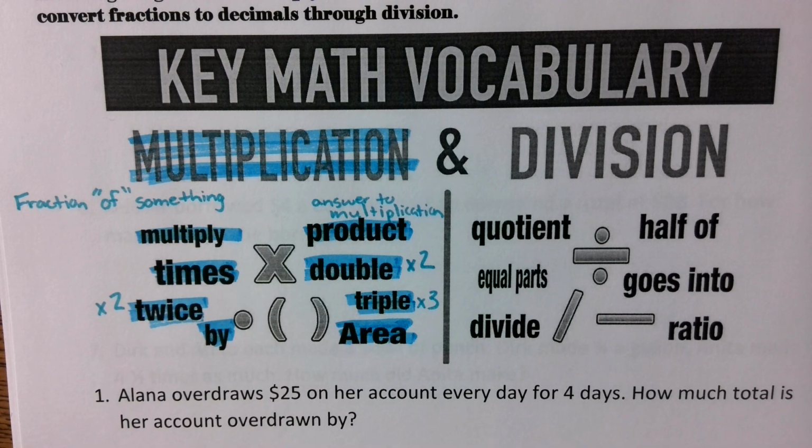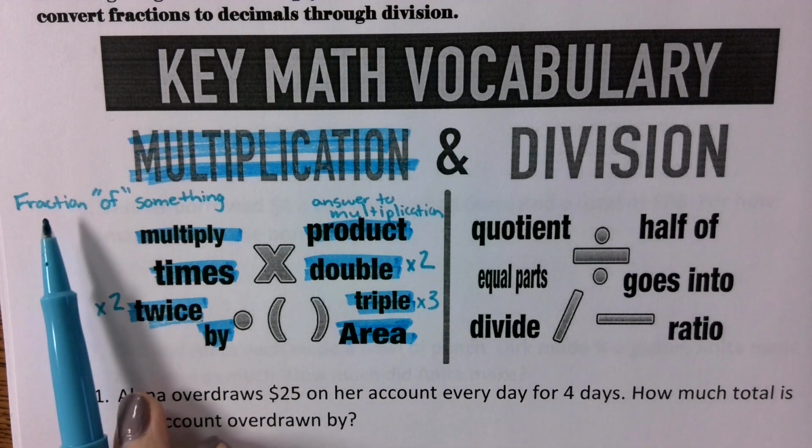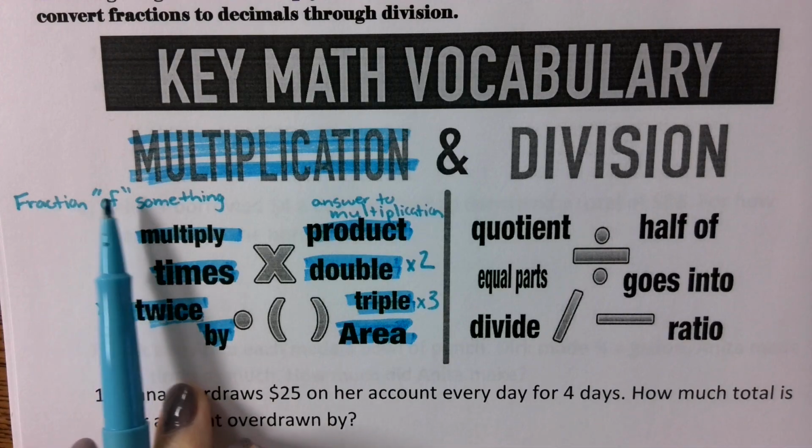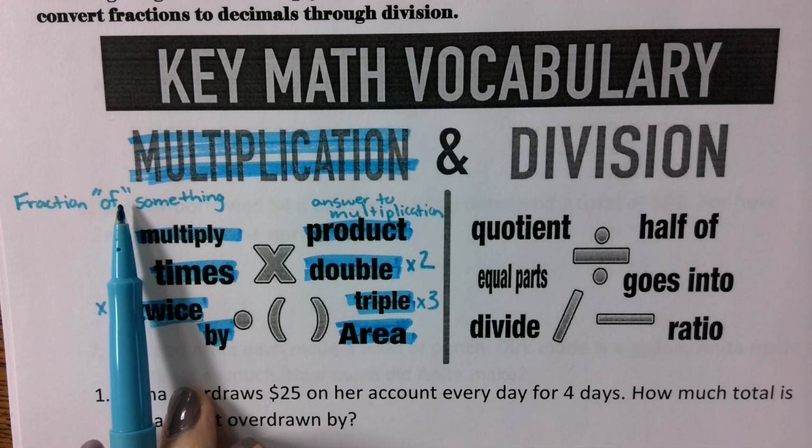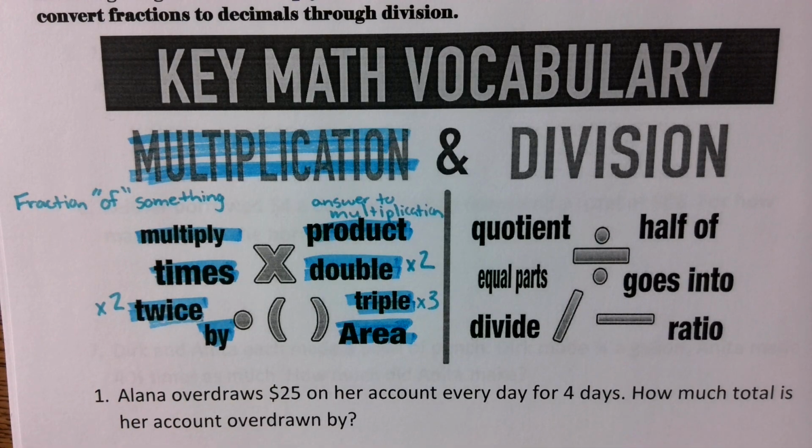Okay, so if there's like 24 people in this class, multiplying that by 2/3, then we're talking about 16 people being done. Okay, so whenever you see a fraction and then it's followed directly by the word of and then something else, and that something actually does have a quantity to it somewhere else in the problem, then you know that that's going to be multiplication.